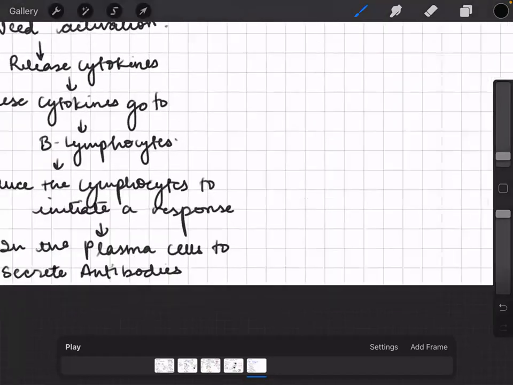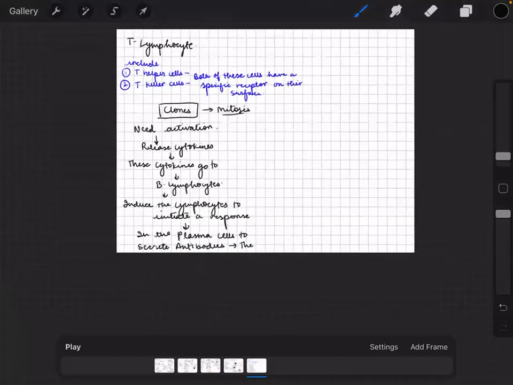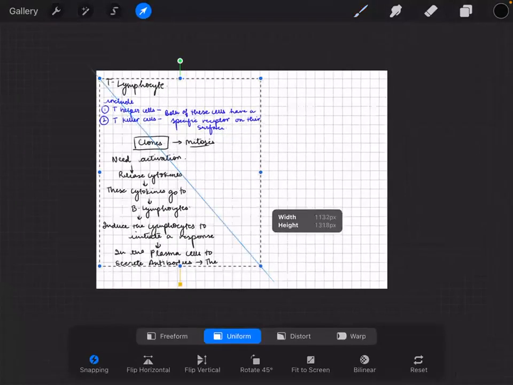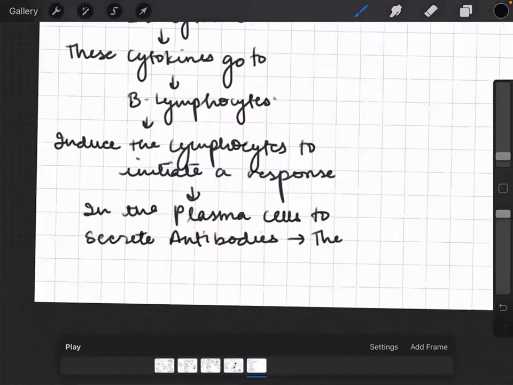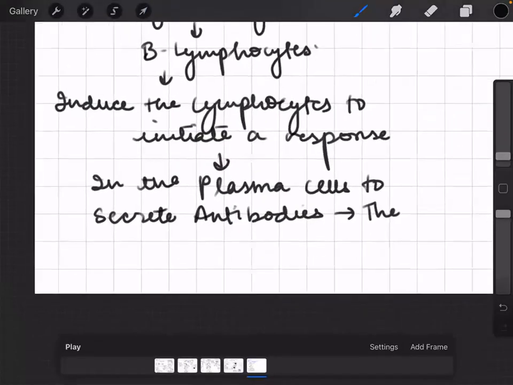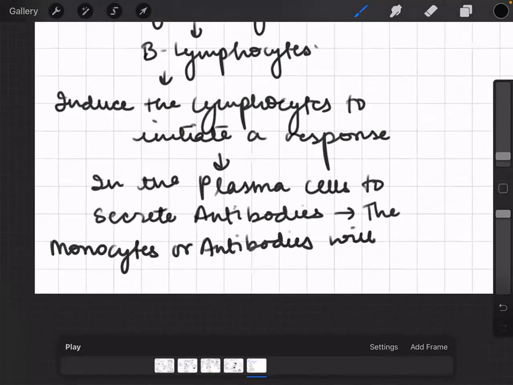Okay, so I'm going to write this, let's make it a little shorter. The antibodies will destroy the pathogen.